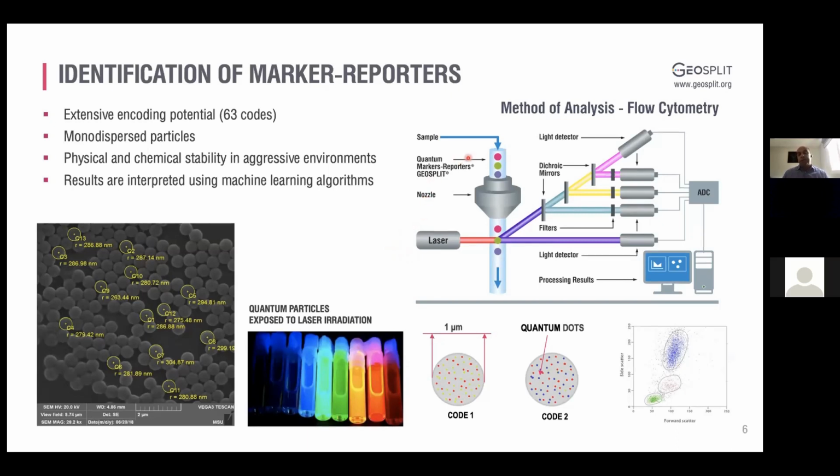The key part of the flow cytometry is the capillary tube on this picture, which has various sizes. What we use at GeoSplit is a capillary tube up to 2 microns. And the key concept here is that when you introduce a sample, any particles that are less than 2 microns will be passing through the tube one by one.